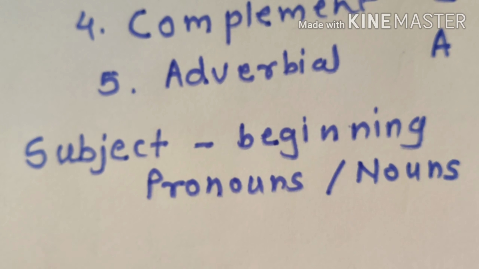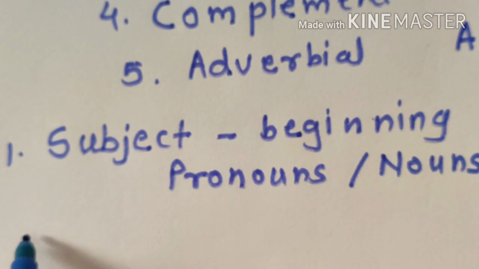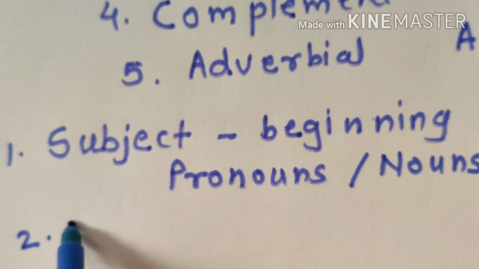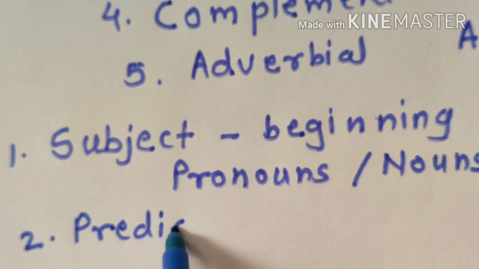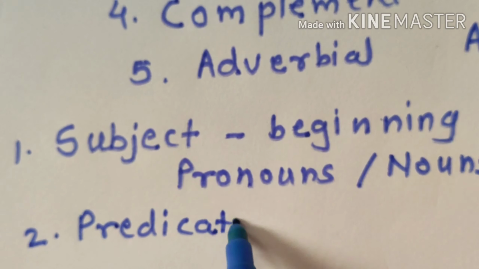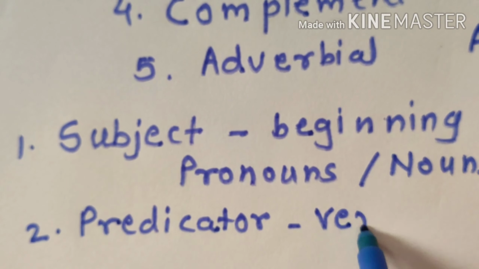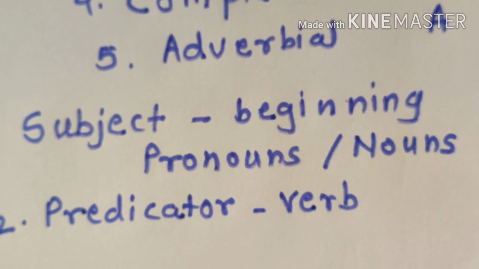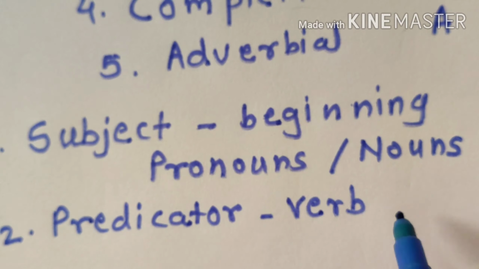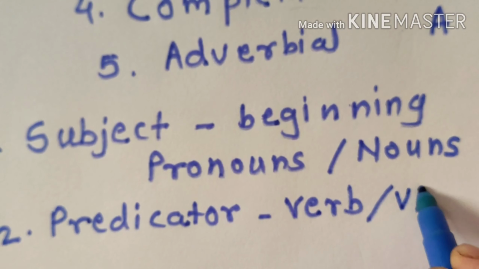Then we have another, that is predicator. Now predicator is verb. Predicator is a verb or what you can say a verb phrase, VP.